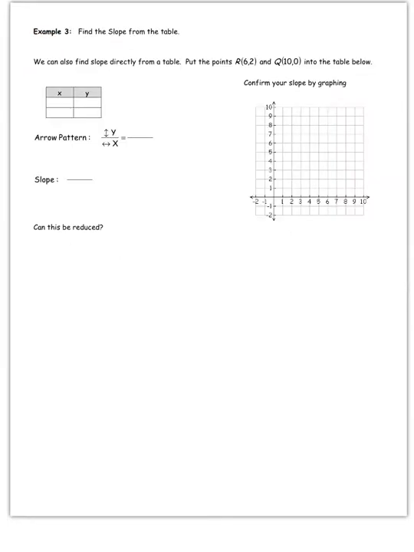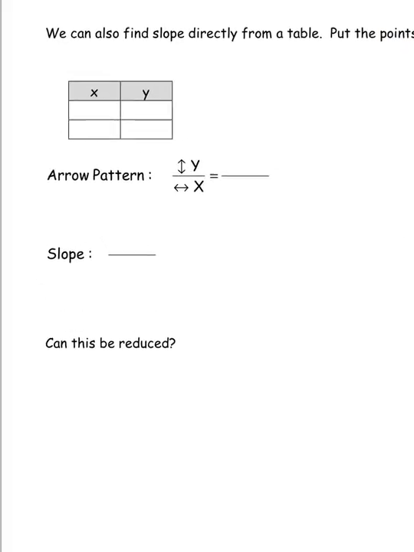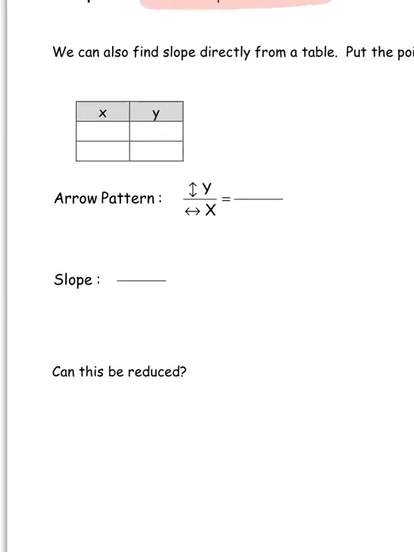In example 3, we're going to talk about how to find slope from a table. We're going to start with these 2 points, but instead of graphing them, we're going to put them into a table and see what happens. This is just another way to find slope. My 2 points are (6, 2) and (10, 0). On the graph, we counted and moved from one point to the other.